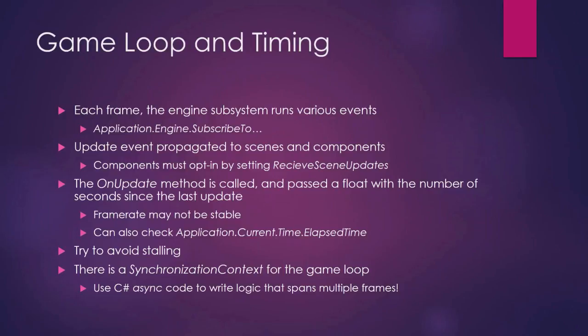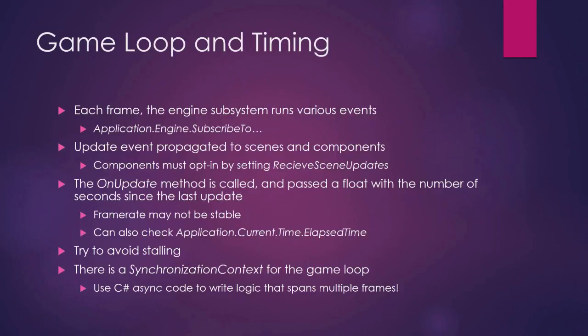Something that's really cool is that we set up a synchronization context automatically. This is one of the pieces of machinery behind C# async code, and it's how the async code finds the context to resume in.